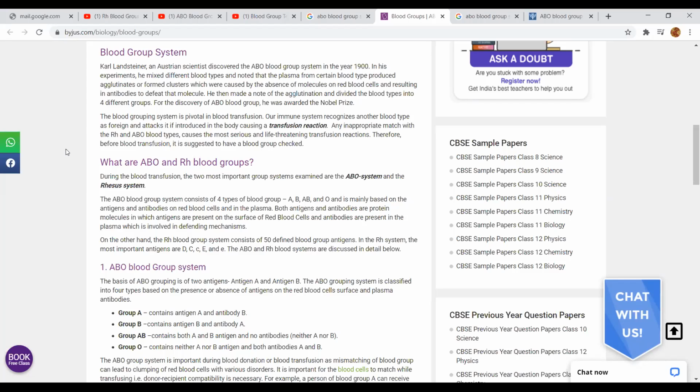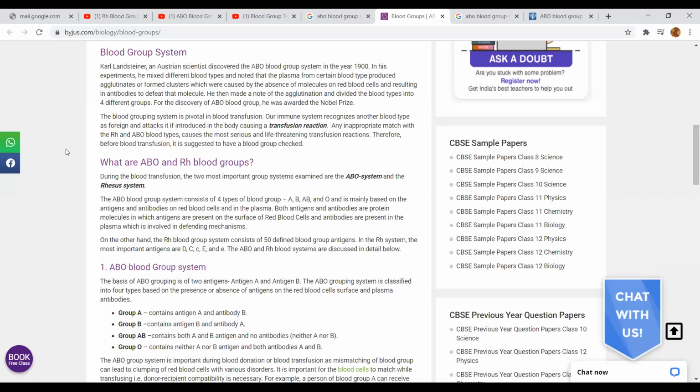That means when he mixed different types of blood groups all together, he found that the blood groups agglutinated. Agglutinated means they started clumping. All of them started clumping.